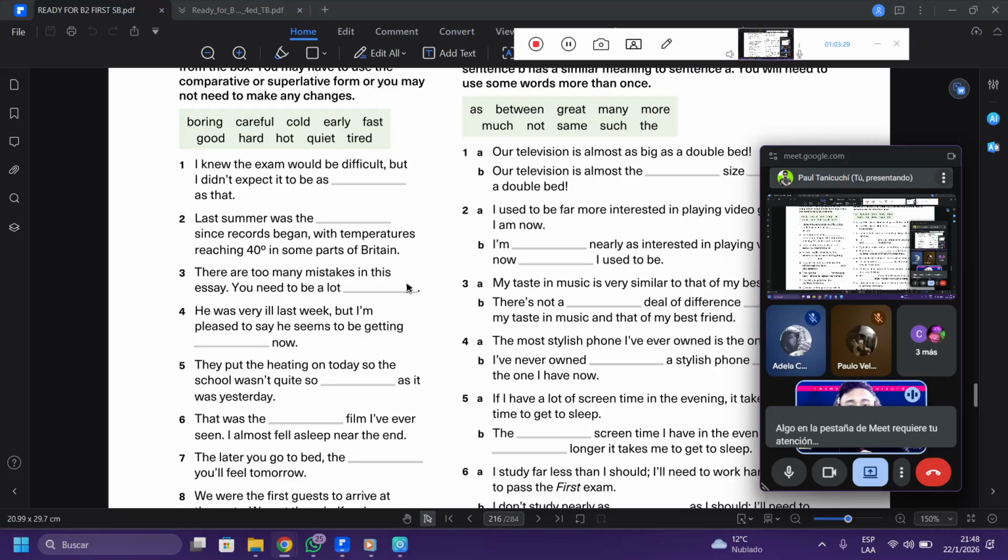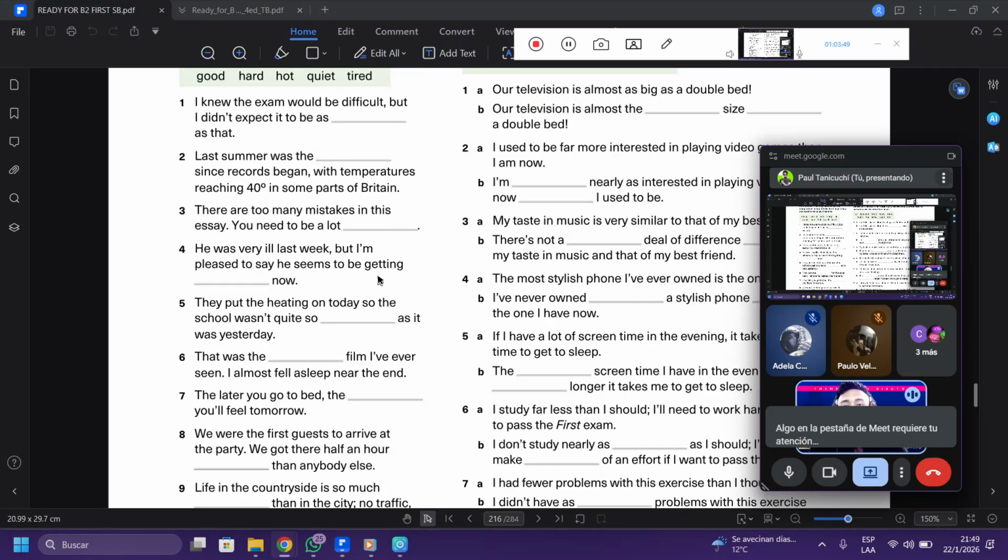In this case, we have to emphasize the comparative. So the answer is: you need to be a lot more careful. That is the answer, okay? You need to be a lot more careful, or it could be much more careful. It's the same as a lot. Okay? So that is the answer.